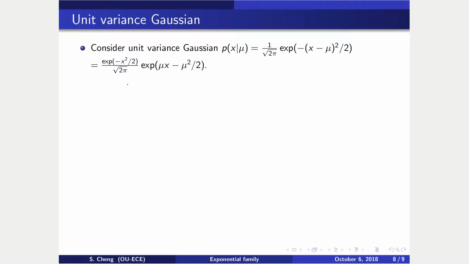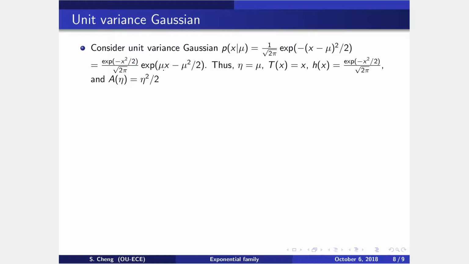And recall that for the exponential family, the canonical form is something like h(x) exponential of eta transpose T(x) minus A(eta). So as you can see just by inspection, A(eta) is just mu squared over 2, the sufficient statistic T(x) here is just x, and eta is simply the mean mu.